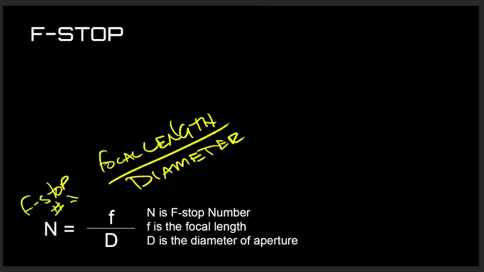This is how we come up with the f-stop number. Just so you have an idea of what this is, I'm not going to ask you to calculate this or any of that kind of thing, but you do need to roughly understand that this is all based off of math.